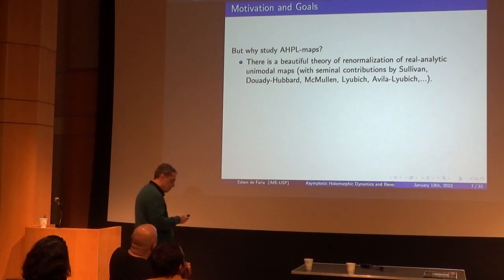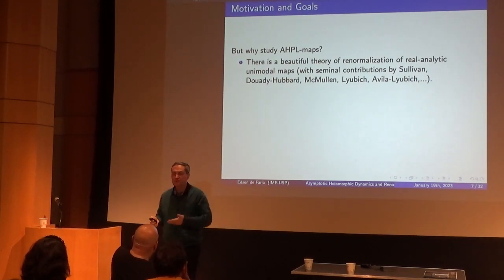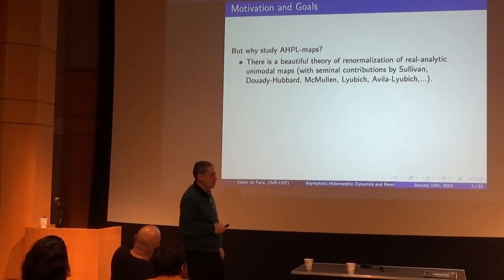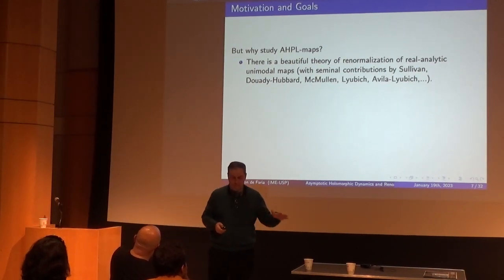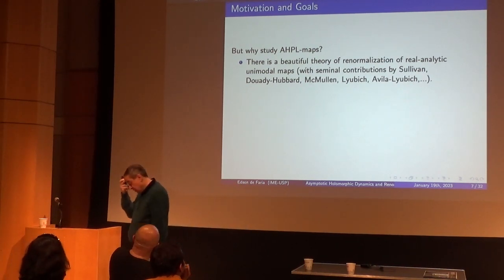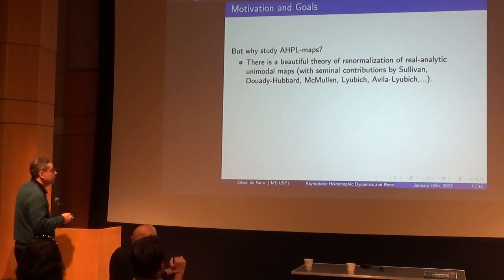It's a space of quadratic-like germs, modulo affine conjugacy, and that has a very crazy structure. It's a manifold, but not a Banach manifold. It's a manifold modeled on topological vector spaces which arise as direct limits of Banach spaces of analytic functions. So it's a long and complicated story.